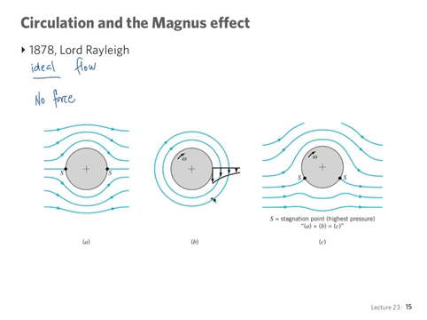If you add a circulatory flow superposed to the parallel flow, so you have A plus B, these two flows, what happens is that the velocity at the top, let's call this point A at the top and point B at the bottom, in point A the velocities are in the same direction, the circulatory motion and the parallel flow are both in the same direction, therefore the total velocity there is larger.